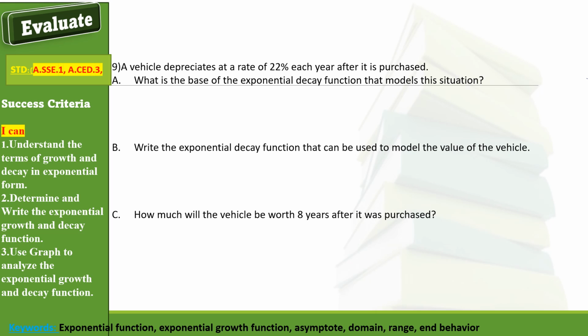A vehicle depreciates at a rate of 22%. Depreciate means negative. 22% means 22 over 100 after it is purchased. What is the base of the exponential function? So base means b, right? You know that it is 1 minus 22 over 100.